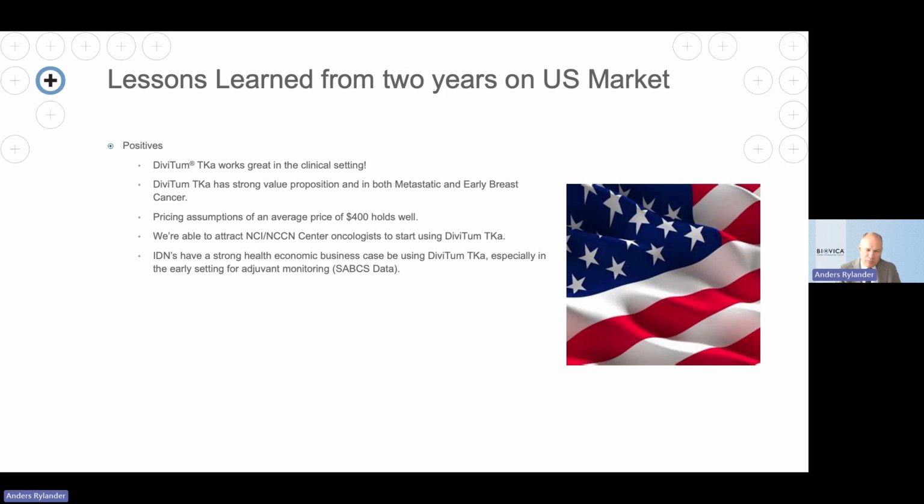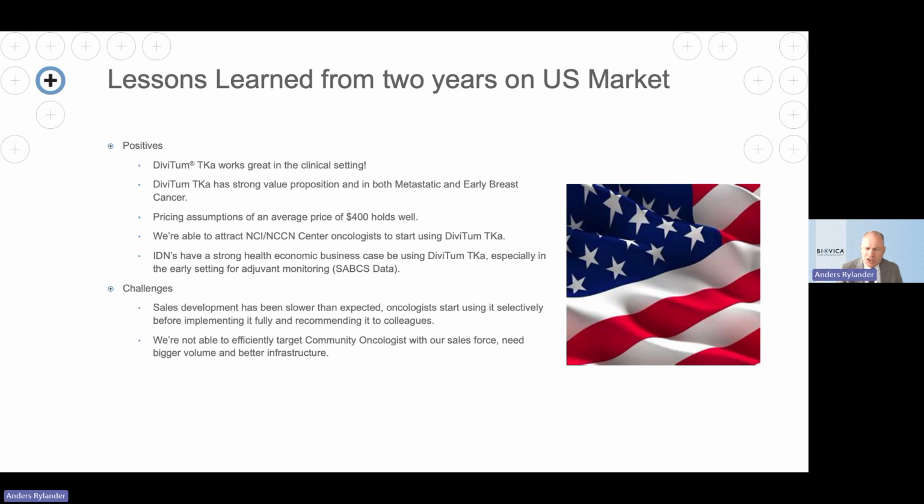So they can benefit from making smart treatment decisions with DiviTum, and then also harvest the economic benefits of doing that in their insurance leg. And so we can provide a very attractive health economic business case for these companies. And we signed an agreement with one of the larger players on the US market in December, which we communicated, and I have an update on how that work is progressing.